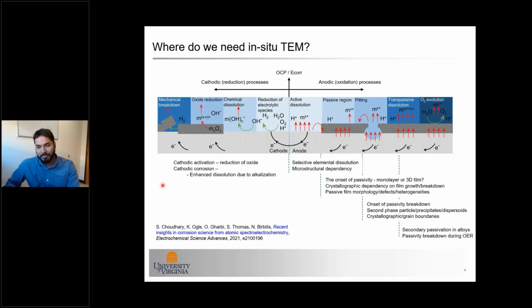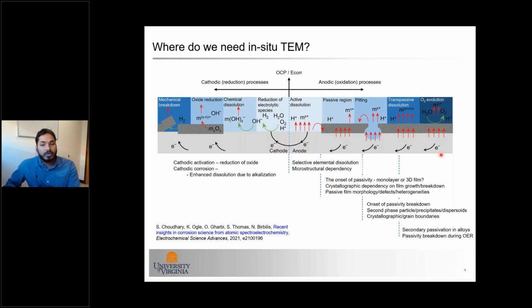Now, that was just one example, but in corrosion science, we have several fundamental questions which need the eyes of electron microscopy. Corrosion electrochemistry involves oxidation of the material, and the electron being generated from the oxidation gets consumed in reduction of electrolytic species. Now, depending on the material, electrolyte, or applied potential, the oxidation process or the mechanism could differ.